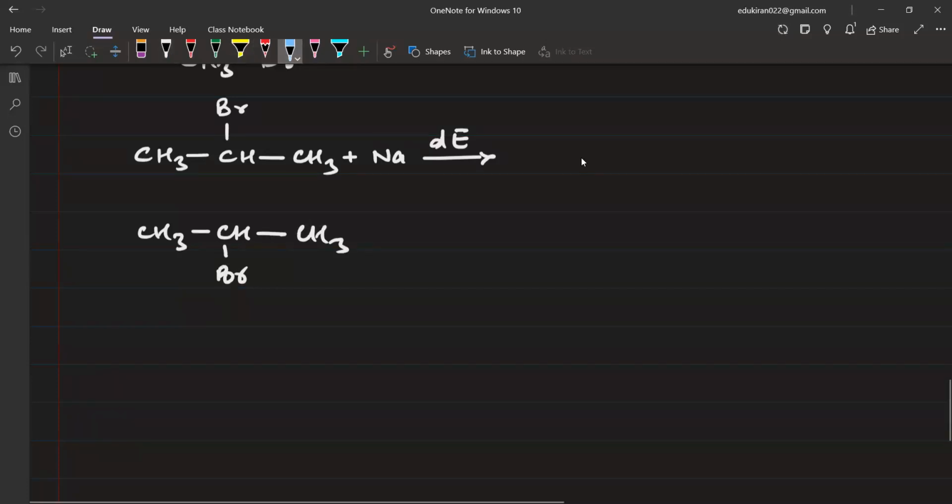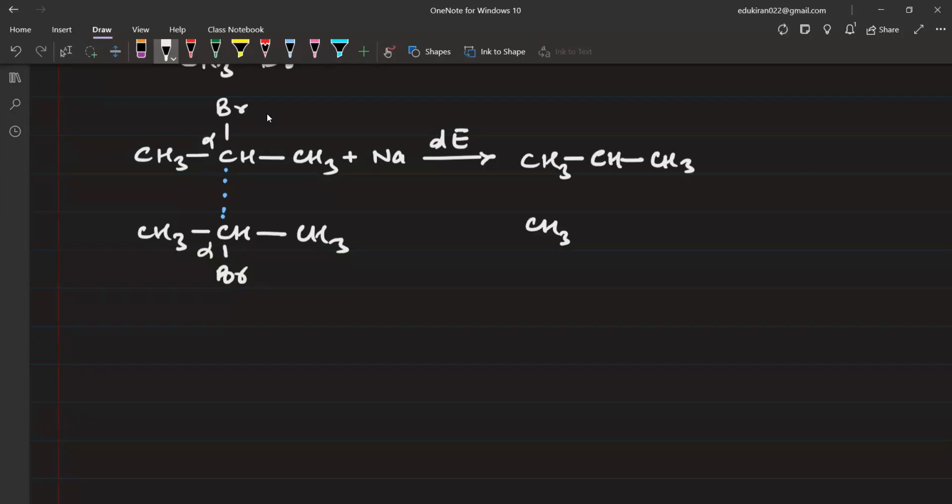Then you will attach these two carbon atoms, and bromine will be gone with sodium. You will attach which carbon atom? The alpha carbon atom. You attach this alpha and this alpha. So please listen how you are going to write the product. CH3 bonded to CH bonded to CH3. Then again the same thing, CH3 bonded to CH bonded to CH3. There will be a bond between carbon and carbon, alpha carbon, alpha carbon.